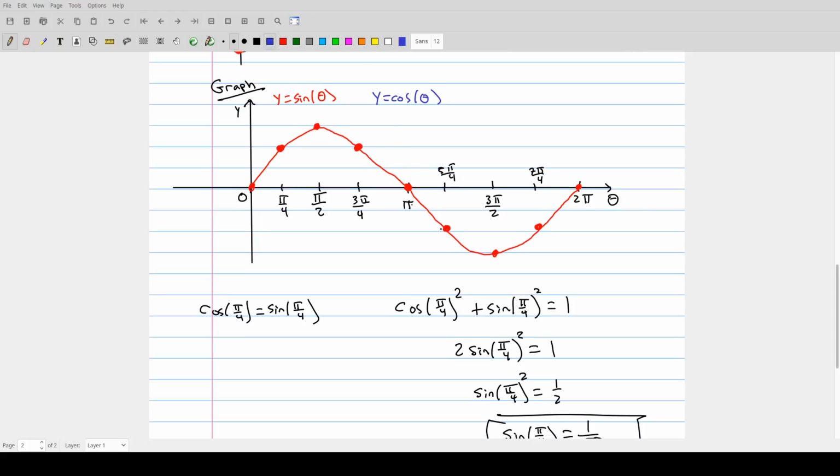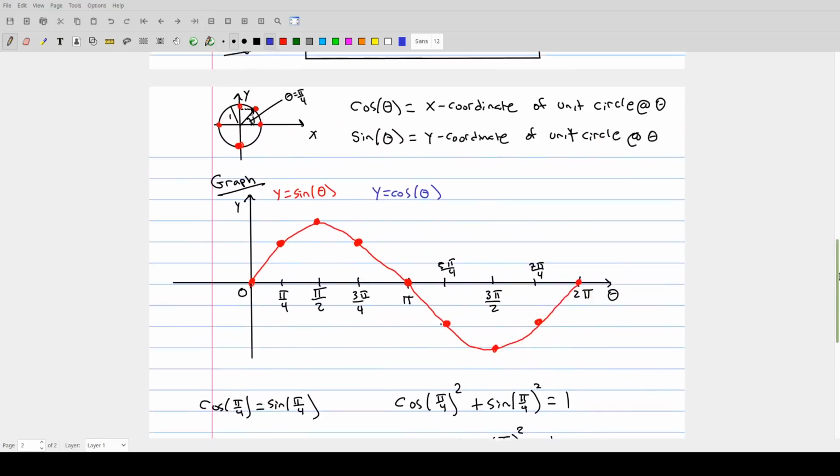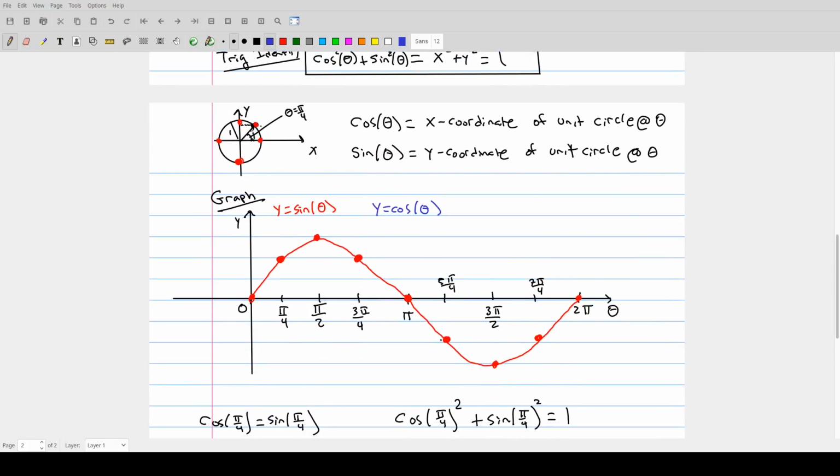You can do a similar process for the cosine function, arguing just based on, like I said before, this unit circle, and you get that the cosine function at 0 is actually 1, because the x coordinate at 0 angle is 1. The cosine function at the angle pi over 4 ends up being the same as the sine function at pi over 4.